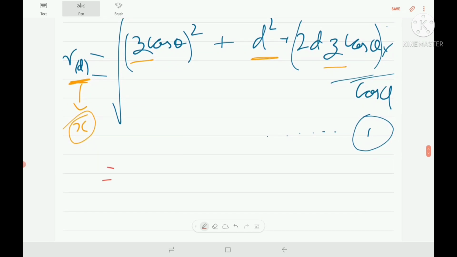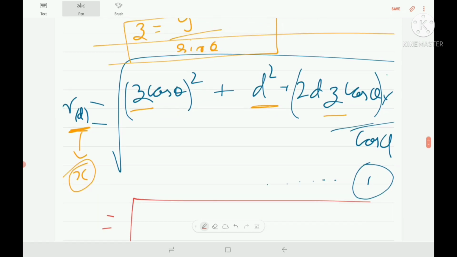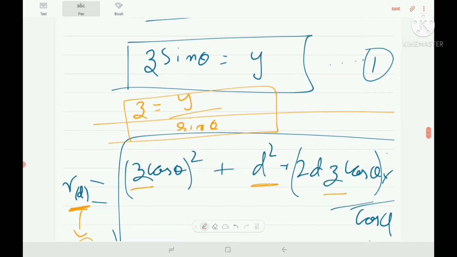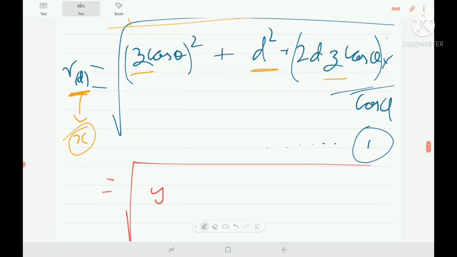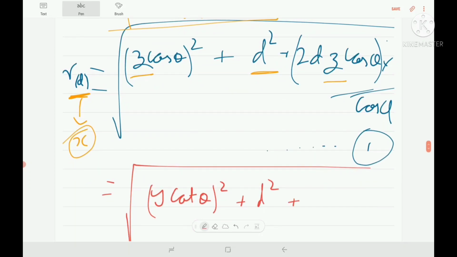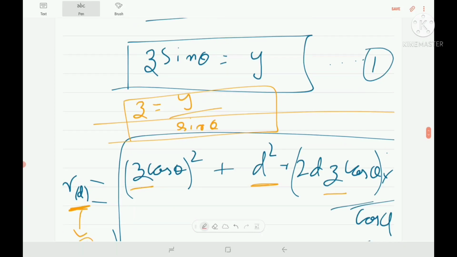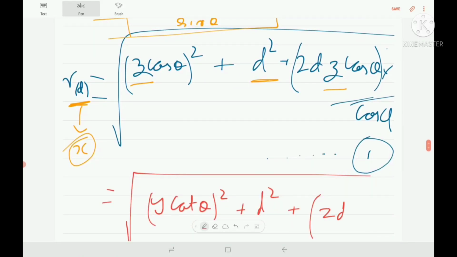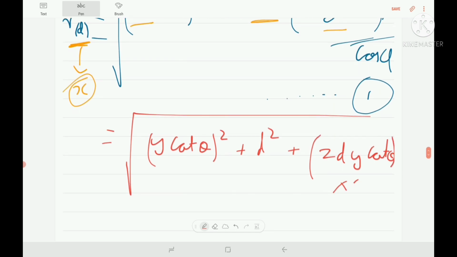RD can be written as under root of z cos theta, so y cot theta whole square plus d square plus 2dy cot theta into cos phi.